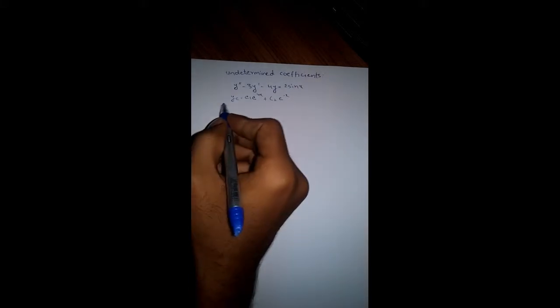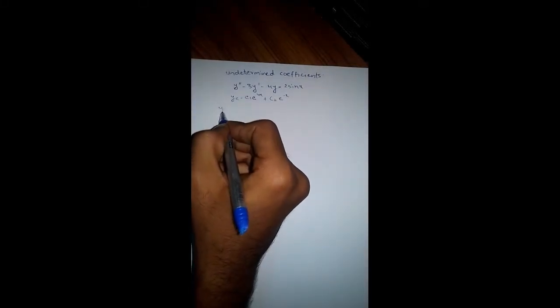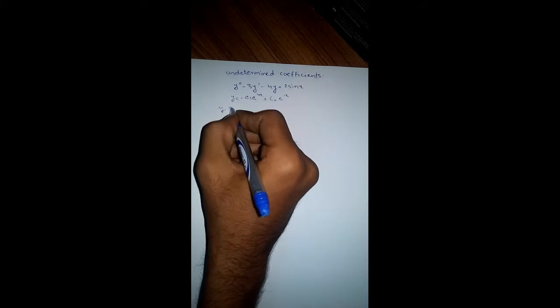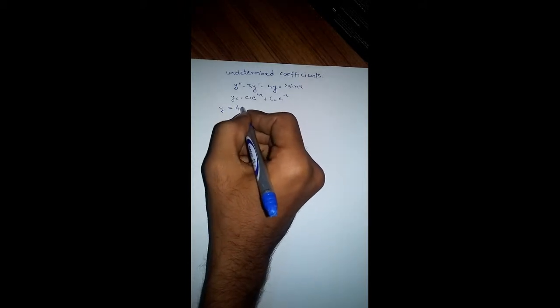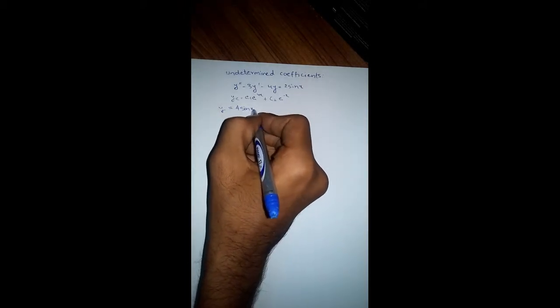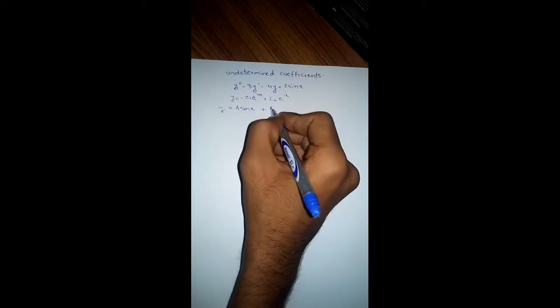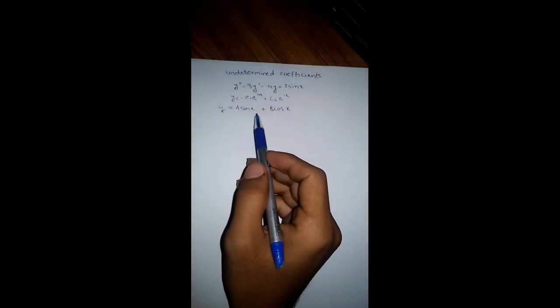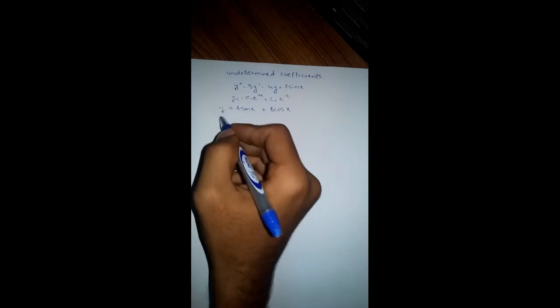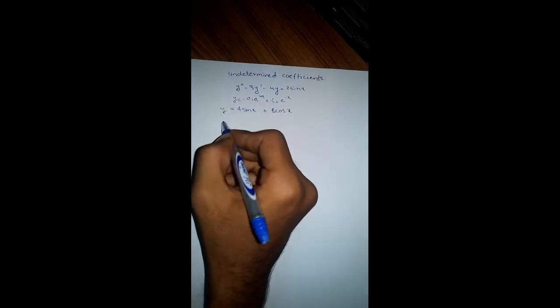Okay, so what we are going to do is find the coefficients of this differential equation. So the first step will be y equals a sin x plus b cos x. We are interested in finding the coefficients, whatever a or b is. So we'll take the derivative of this y.